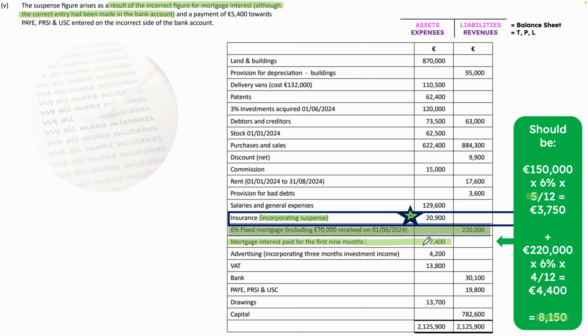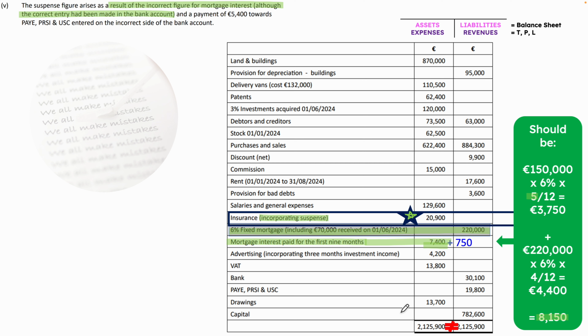So you can obviously see then that the bookkeeper made a mistake. They only said that it was 7,400. So what I do, I want to add whatever I need to add to that 7400 in order to make that 8150. And if I add 750, that will equal 8150.